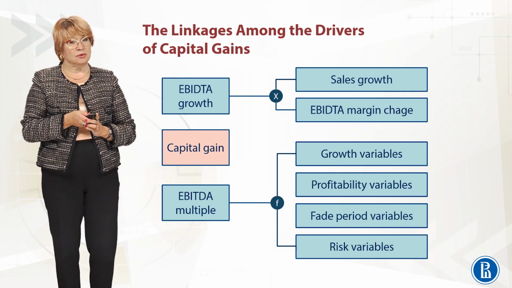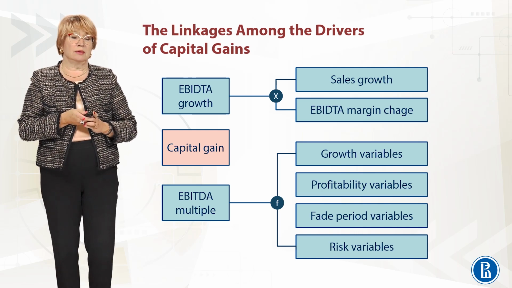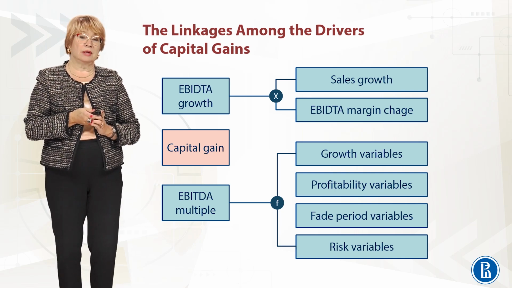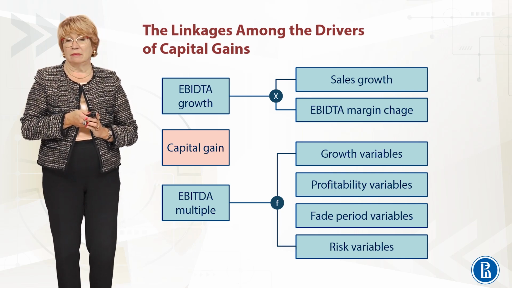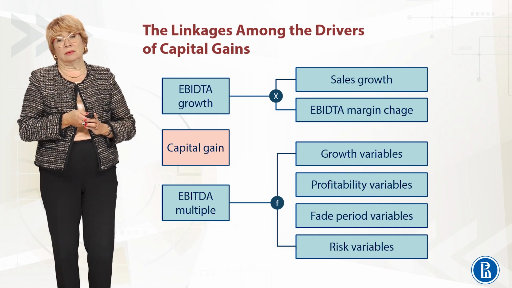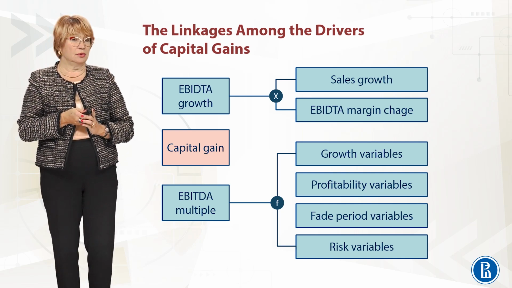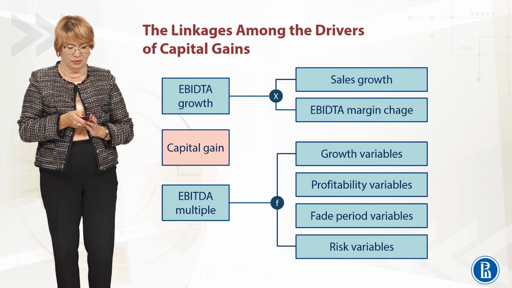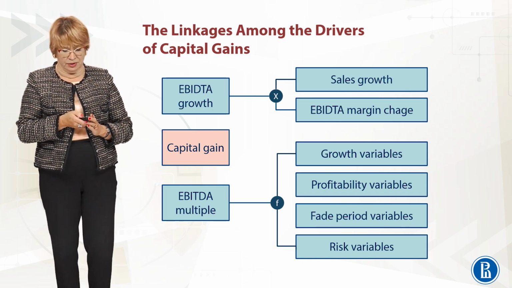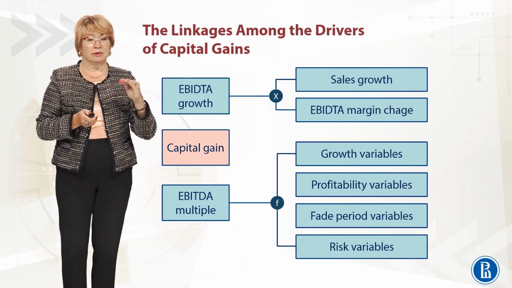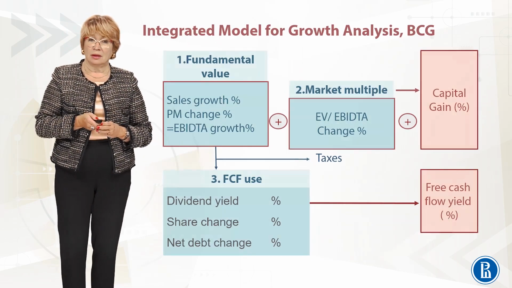There would be less uncertainty in the levels and the behavior of these margins within this fade period. So that's why the fade period matters, and it depends on some variables which are really important. And of course, the EBITDA multiple depends on the risk variable. So this is a meaningful, comprehensive system of different drivers on different levels and their interactions.